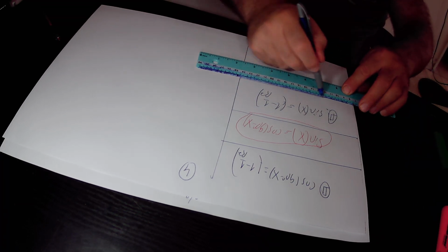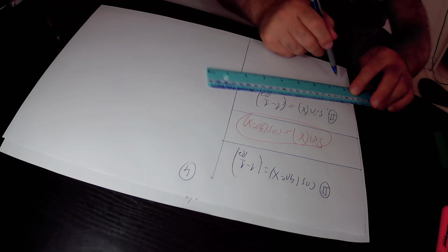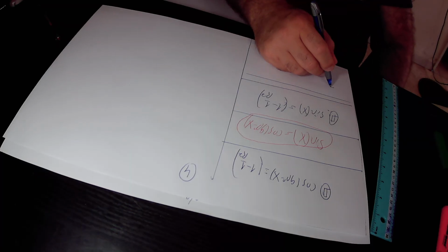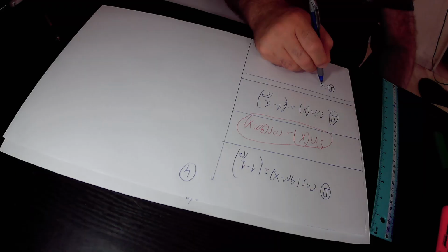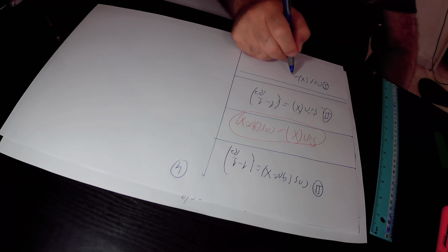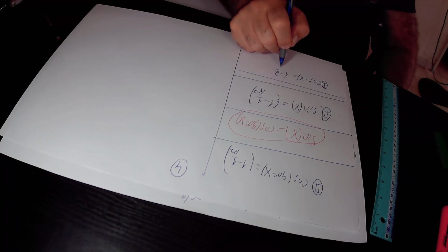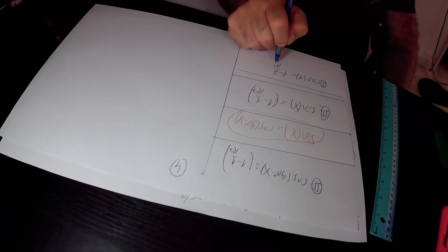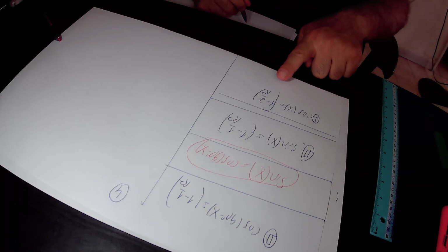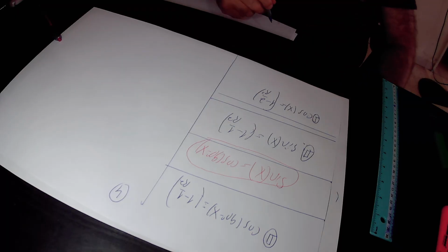When according to equation 1, we have already found out that cosine x equals to 1 minus 2 over r squared.